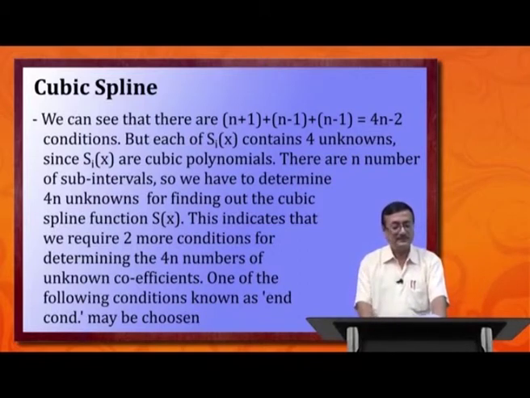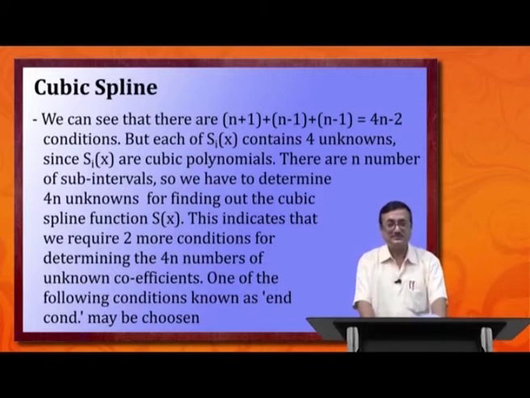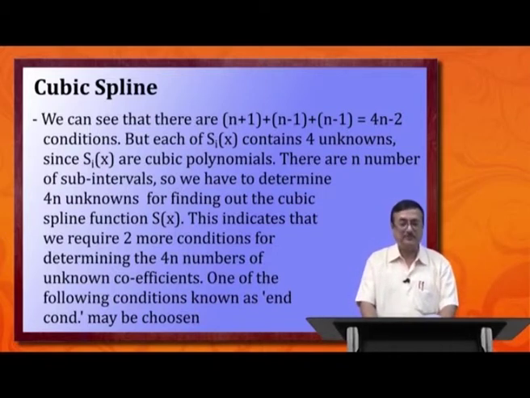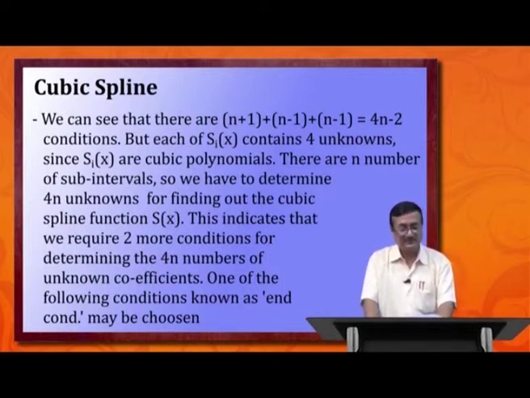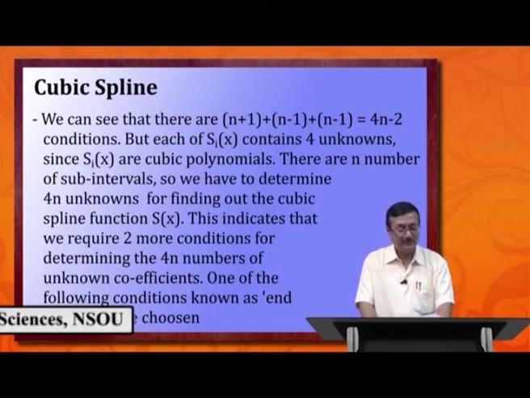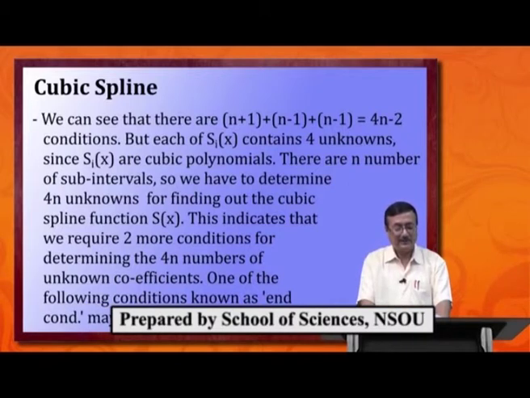But note that each of Si(x) contains 4 unknowns. Note that Si's are cubic polynomials, so each involves 4 unknown coefficients. Since there are n subintervals, we have to determine altogether 4n unknowns for finding out the cubic spline function S(x).